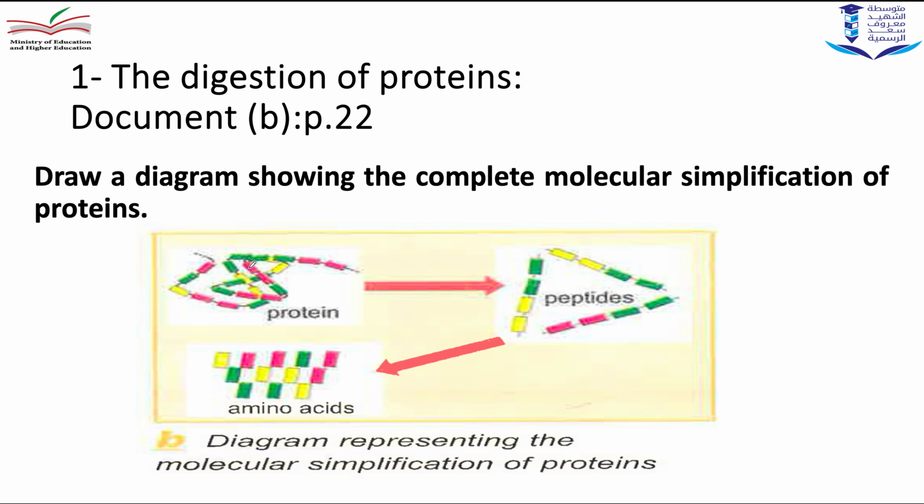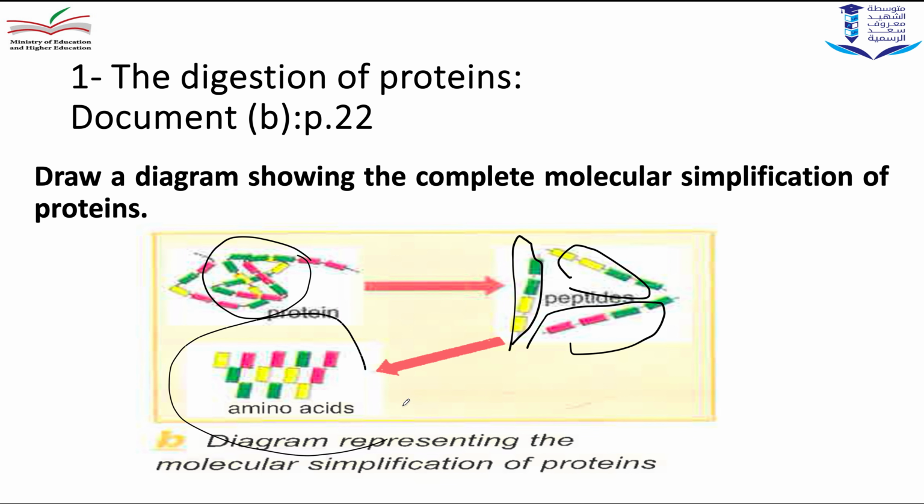Here you can see the diagram of the complete simplification of proteins, or complete molecular simplification of proteins. So proteins pass through an intermediate called peptide. How many peptides do I have here? Three peptides. Then complete digestion will give amino acids.